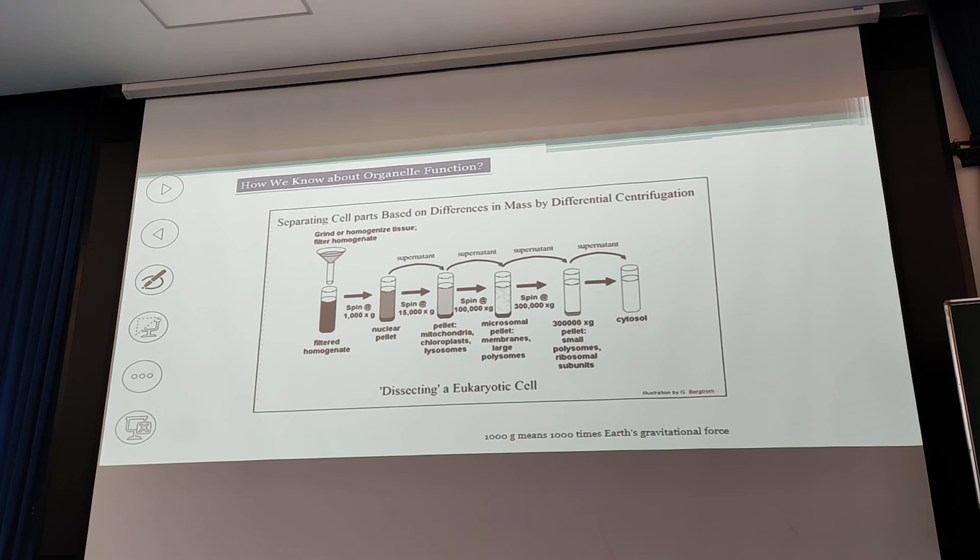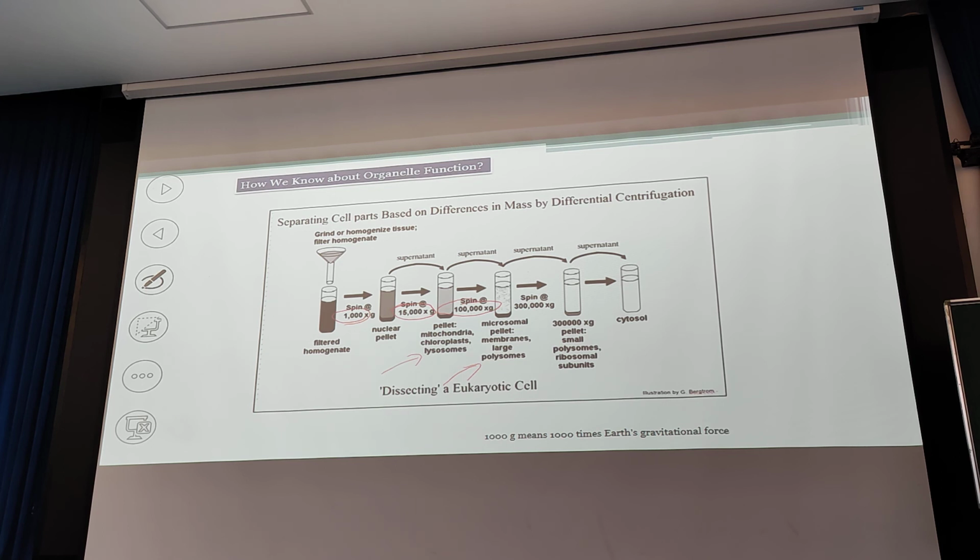When we centrifuge at 1000 G, we can separate the nuclei. At 18,000 G, we can separate the mitochondria, chloroplasts, and lysosomes. At 100,000 G, we can separate the membranes and large polysomes.